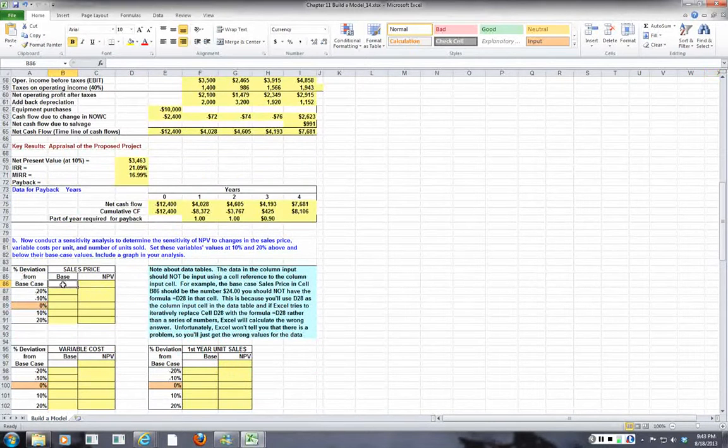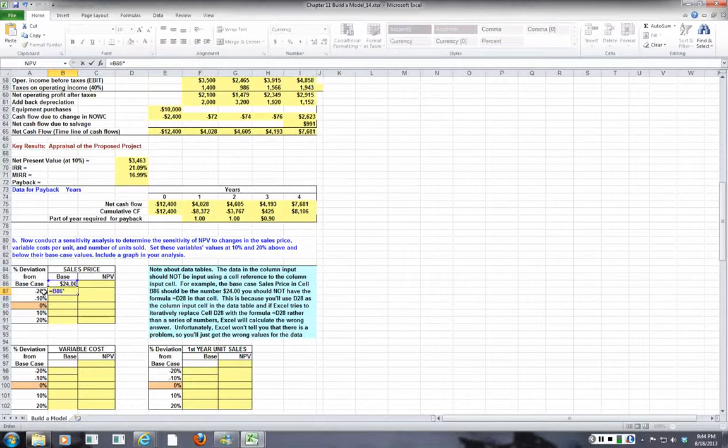Say this is the sales. The sales price is $24 per unit. And so one of the things we want to do is look at some deviations from that $24. So we say, what happens if it goes down 20%, and that would make the price become $19.20. And then in another instance we would say, okay, what will the net present value be if that price goes down just 10%?